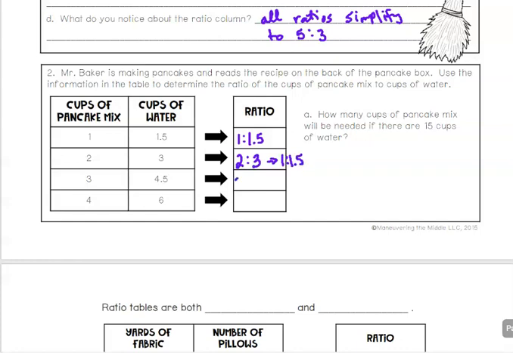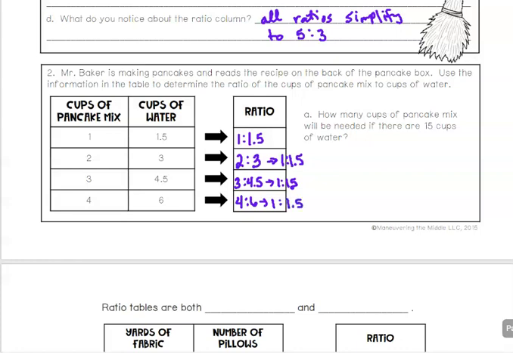All right, so remember, it still simplifies to that. So if I took my original ones here and I multiplied them by 3, 1 times 3 is 3, 1.5 times 3 is actually 4.5, so it still gives me that same ratio. And same thing with the 4 to 6.